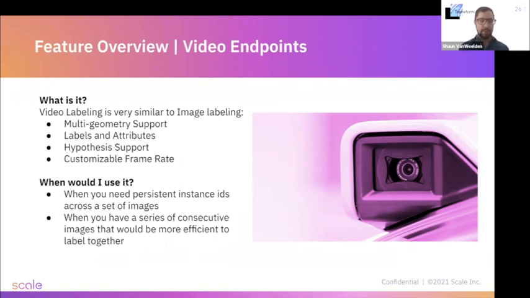So if you need persistent instance IDs of objects across your set of images or across the video sequence, we'll want to use our video endpoints for that. And of course, there are some efficiency gains when labeling video that you do not get in an image there.